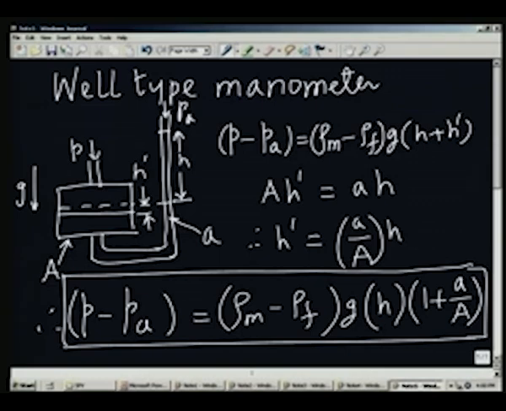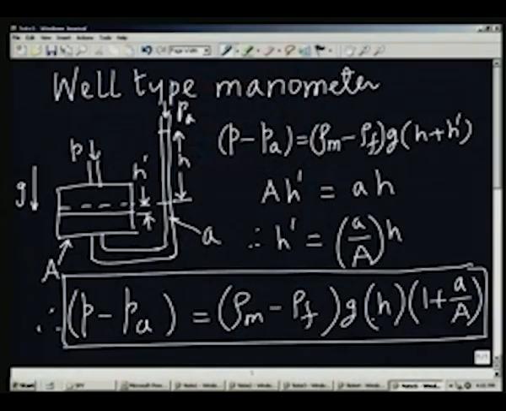That means, if I have the datum fixed properly, that means when the pressures P and P are the same, the datum is taken as the level of the liquid on the two sides, the well and the tube, and there will be a mark on the U tube, the vertical tube, to indicate the datum.